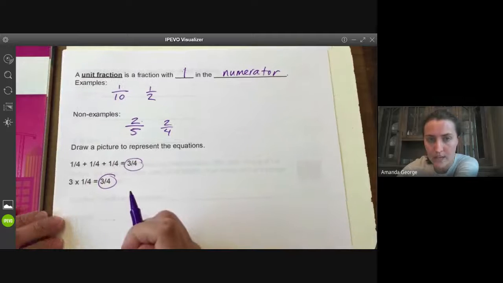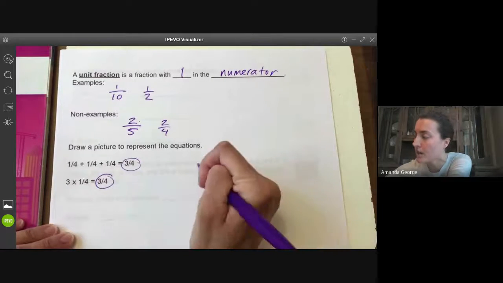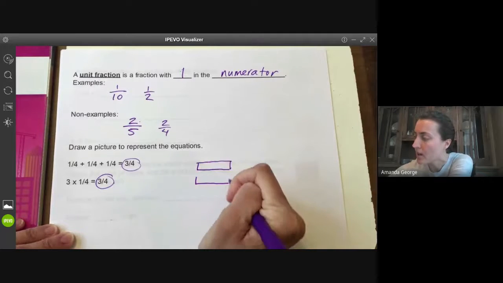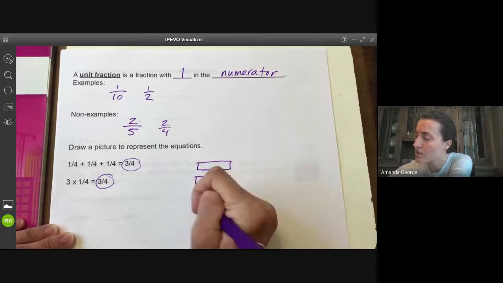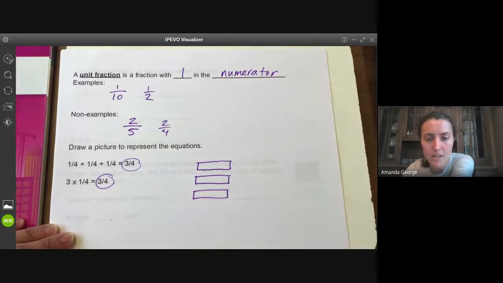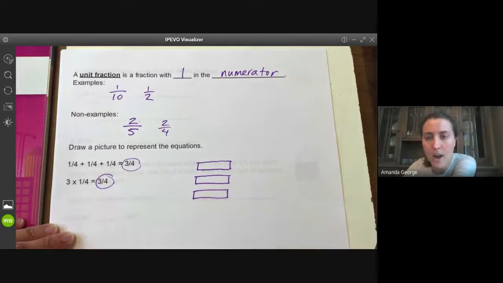And we were doing that a lot yesterday. Now, here's how these would look in a picture. I'll do bars. It would be fine if you wanted to do circles for your fraction pieces. I like to do bars. And now I'm going to split these bars into how many pieces?